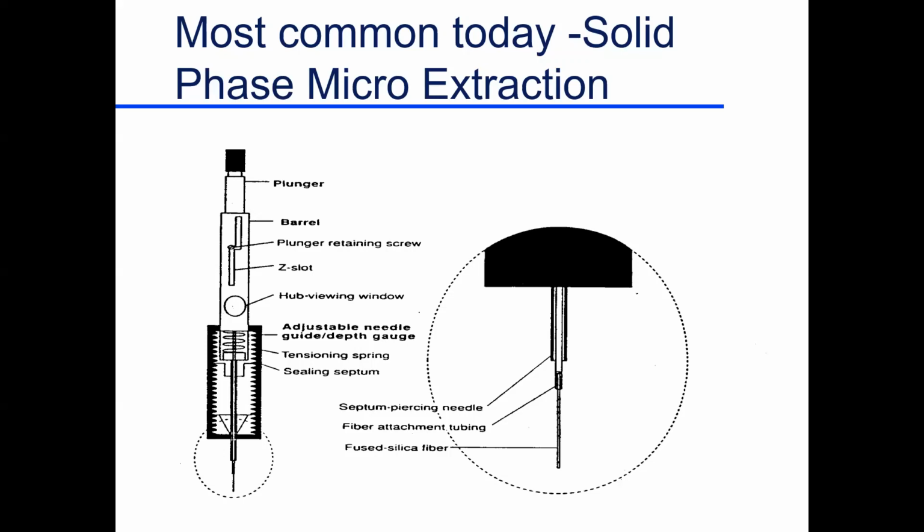There's no high vacuum. There's no messing around with all kinds of things. You stick it into a bottle and pull it out. It can't be much easier. No solvents, you name it. And so it's used because it's convenient. There are places where it's right and where you get good data. But all too often, you're not using it where you should, and you're not getting the data you should. So convenience doesn't necessarily mean it's a good idea.